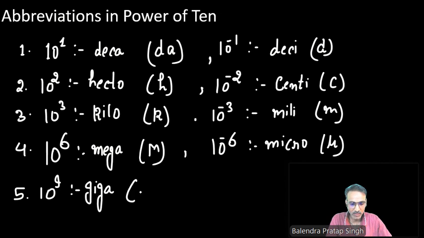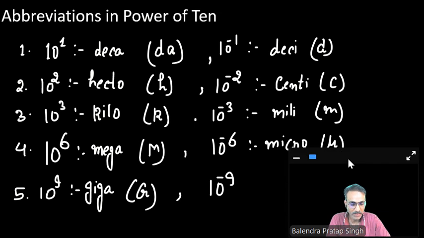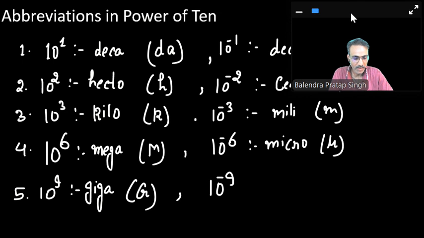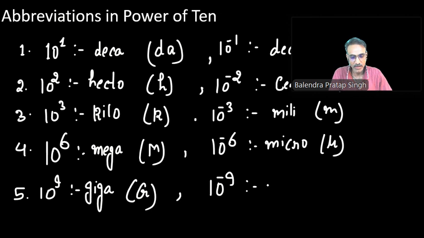The symbol we use is capital G. And 10 raised to the power minus 9, which I think you already know and which we frequently use in physics, we call nano, and the symbol is small n.